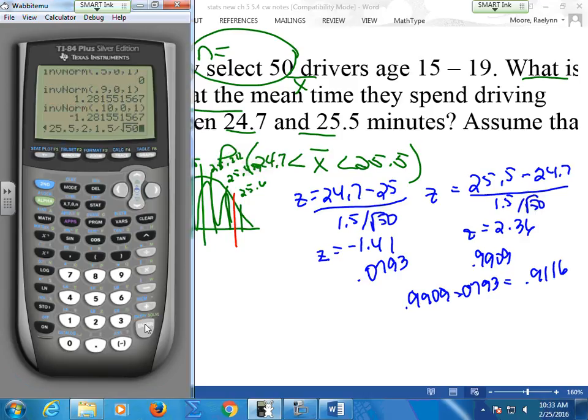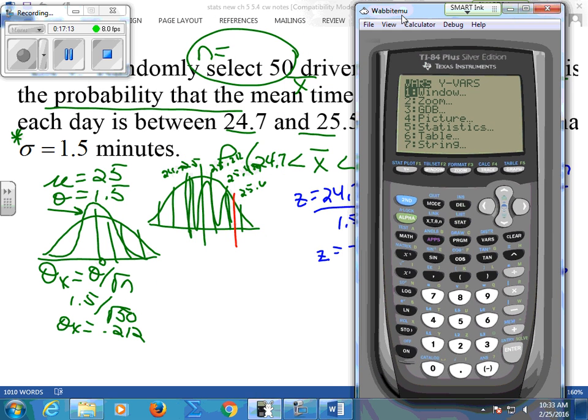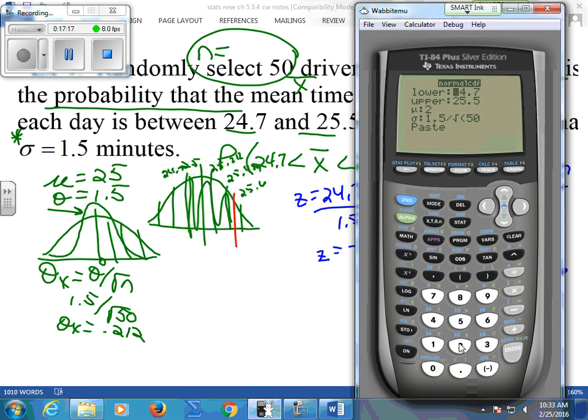Let your calculator do this part. Oops, I got 0. All right, so let's see what I did wrong here, other than the fact that my calculator never wants to work over here. Only works on this side. Oops, my mean.